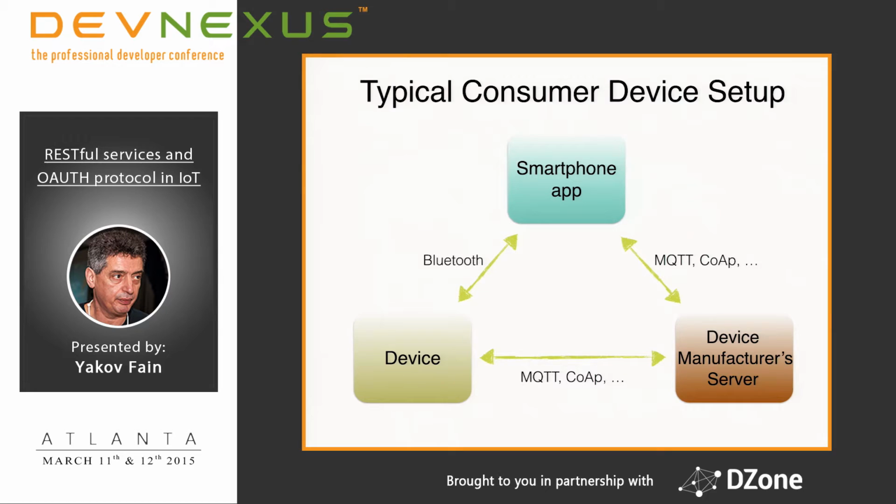The point is, typically, a thing comes with an app for a smartphone or an iPad, and it comes with a device, right? The device sends a signal to the server of the vendor, and that's a typical workflow. The manufacturer is using any of the protocols they like, and it could be different protocols, of course.